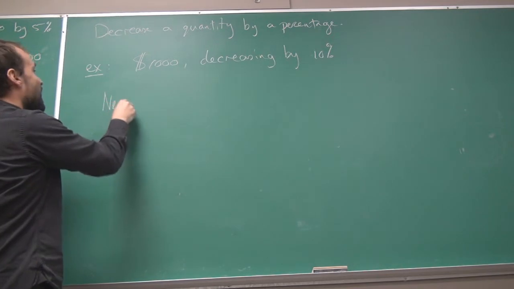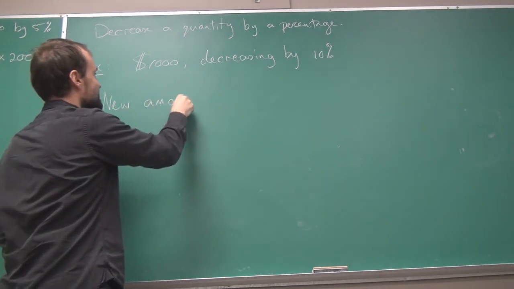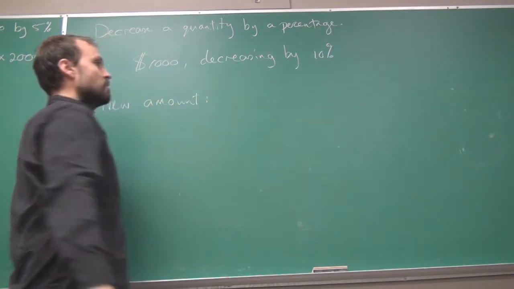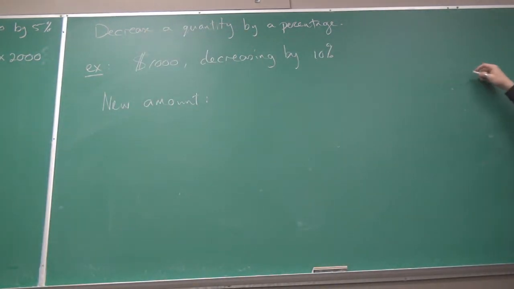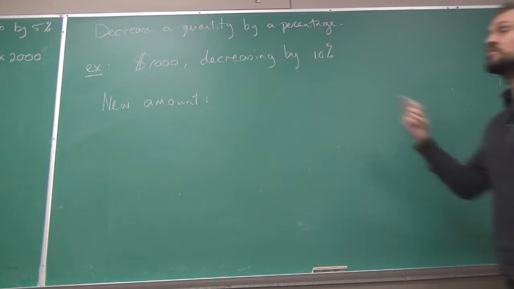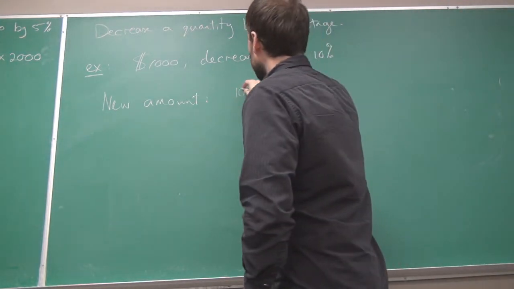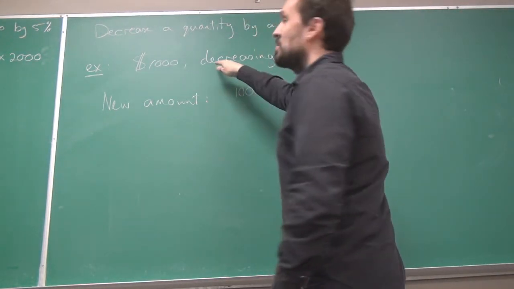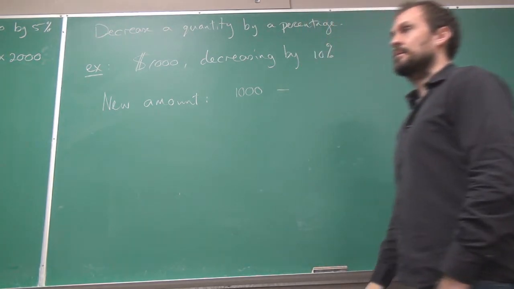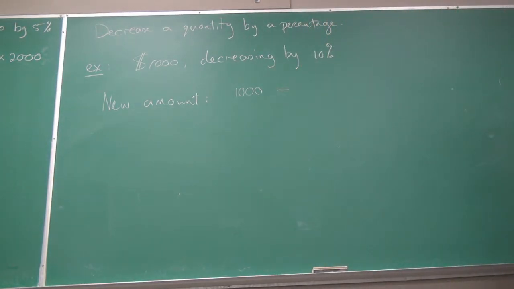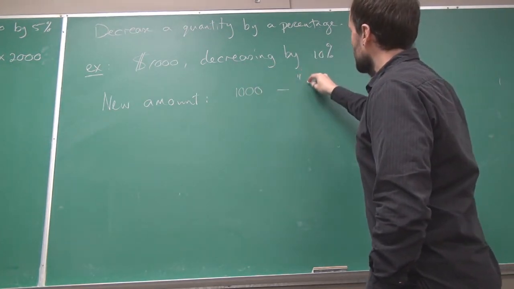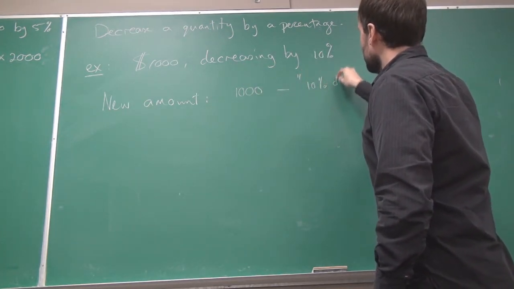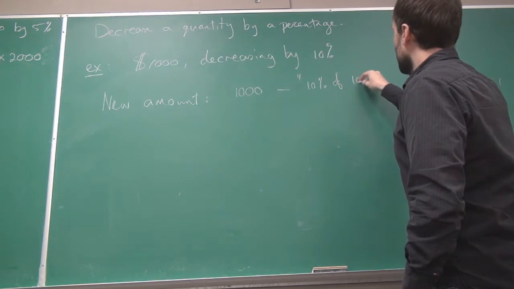Not what, how do I find it? My new amount is an adjustment of my original amount. So I have my 1,000, but now I'm decreasing, so I'm taking away 10% of that amount. So I'll write it in quotations first, 10% of 1,000.